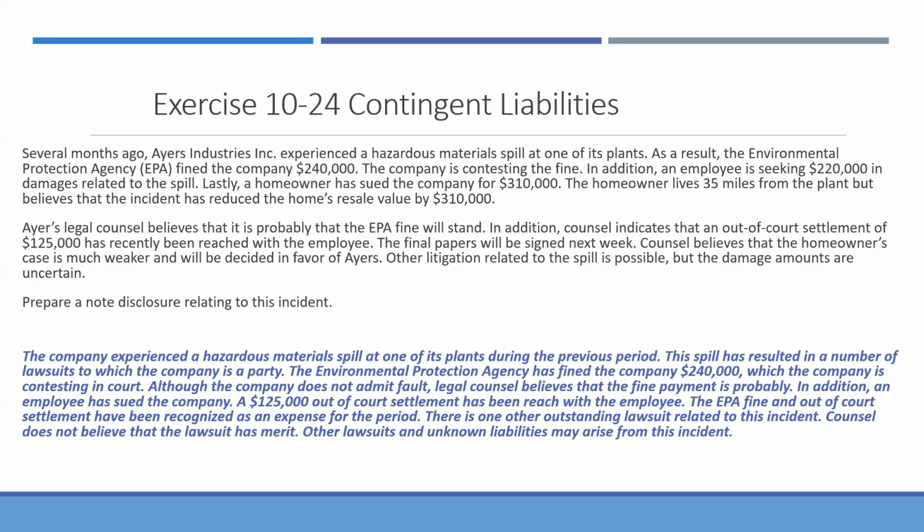They disclose the EPA fine, disclose the out-of-court settlement, and then say there is one other lawsuit. Counsel believes it does not have merit. Depending on how remote it is or how big it is, they may or may not even include that in this disclosure. And other lawsuits and unknown liabilities may arise, which covers their bases, right?